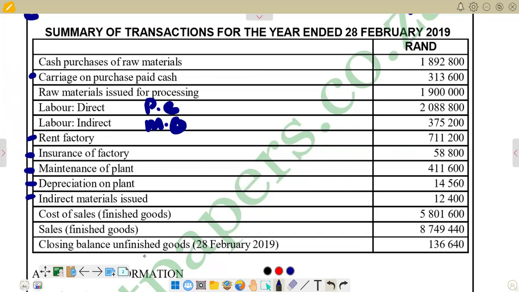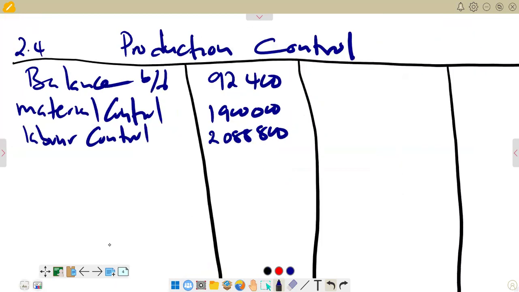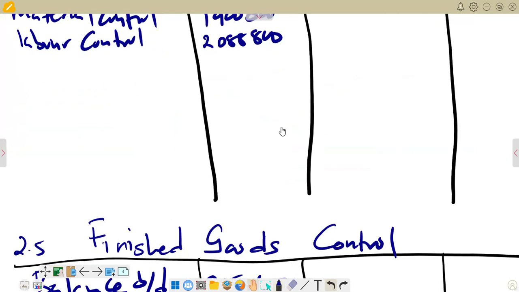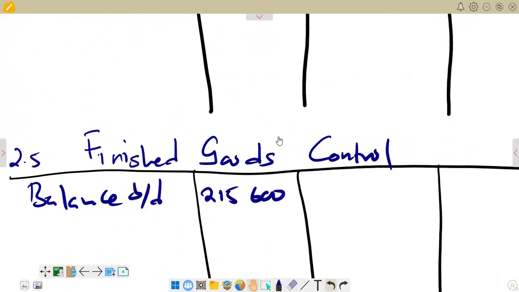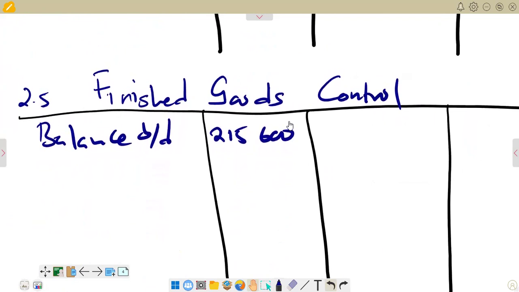So we go and find the finished goods control account. Remember, for this cost of sales we are crediting the finished goods account, so we come to the credit side of the finished goods control account, and we are supposed to debit cost of sales. So here you write cost of sales.